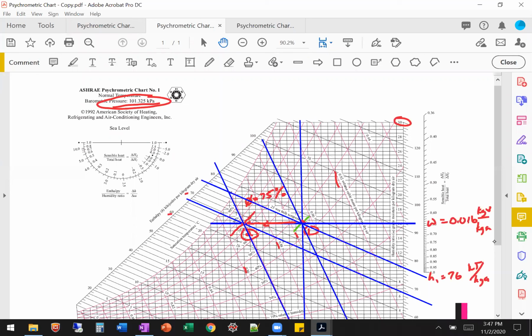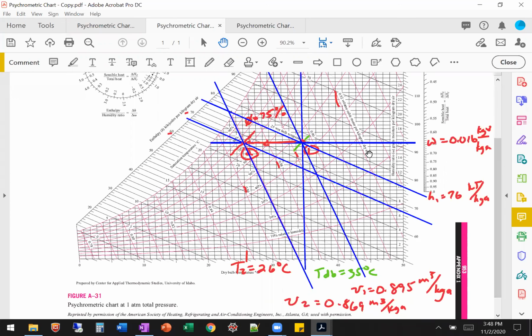So we're going to assume that we're near 1 atmosphere. Even if it was slightly off, let's say 100 kPa, that's such a small pressure change that you can still assume it's 1 atmosphere. Any other questions?